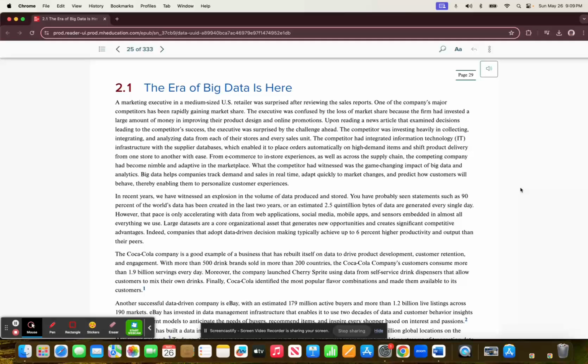Just think about all the data captured from web applications, social media, mobile apps, sensors, and then think about all the ways in which you contribute to the growing data. I'll talk about myself. I have a smartwatch on, and that captures a lot of data. And then I have my smartphone with me wherever I go, and that's capturing data.